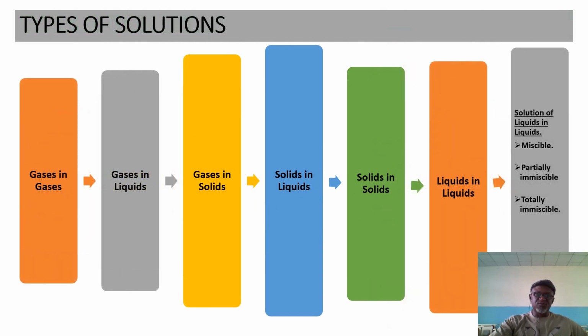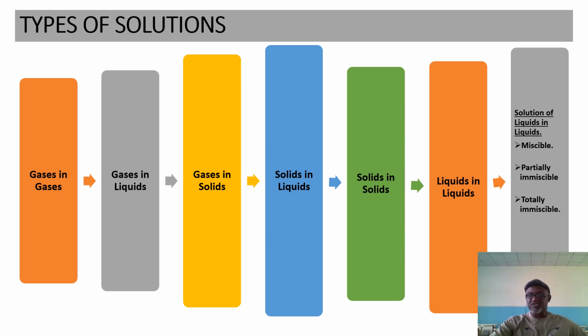There are types of solutions, yes, different types. Gases in gases, gases in liquids, gases in solids, solids in liquids, solids in solids. There are so many types and different examples. But our interest will be liquids in liquids solution. And when we talk about liquid in liquid solution, there are three things that come up in terms of making the solution.